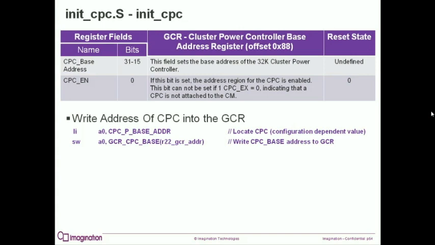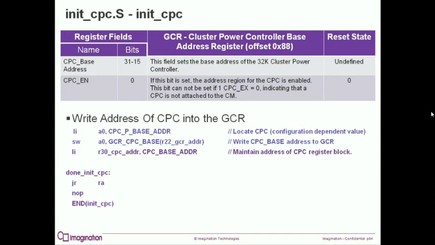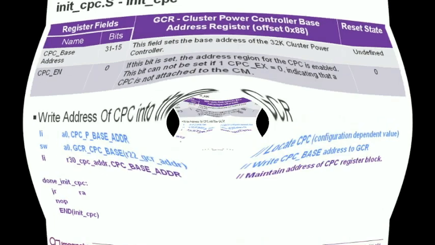The code uses the known value of where the CPC is within the system and writes that to the cluster power controller base address register. Note, this is a physical address. Then the code stores this address for later use in GPR30 using the KSEG1 equivalent address, and it is done setting up the CPC.